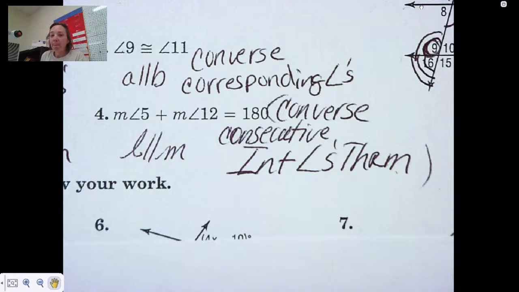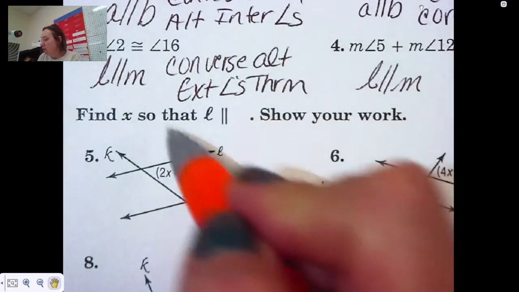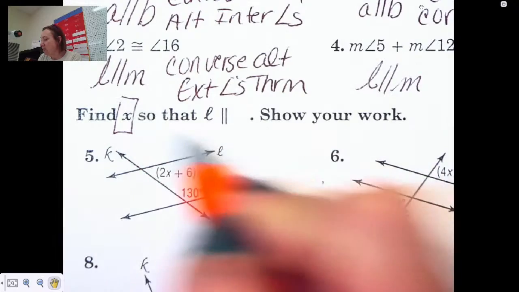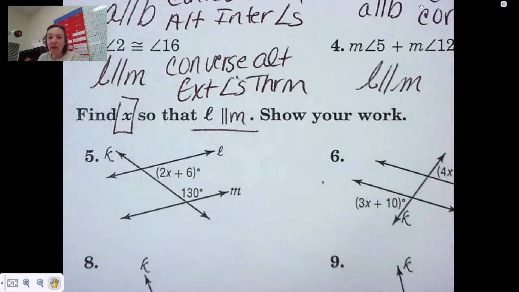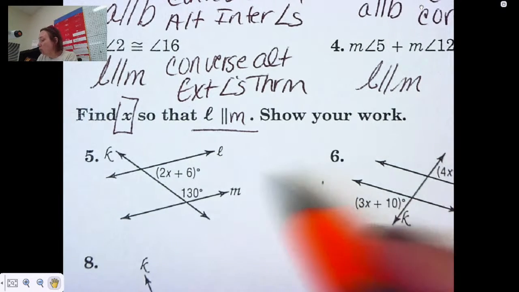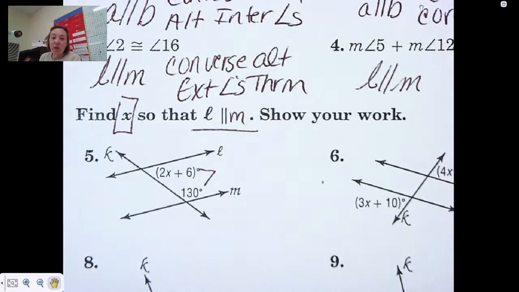Okay. All right, now on 5 through 10, they're telling us to find the value of x so that L is parallel to M. Look y'all, it didn't print the M. So they're saying make the assumption that L is parallel to M. If it is, what would x be? So what we have to do is look at those angles that are given and say, what's their relationship?